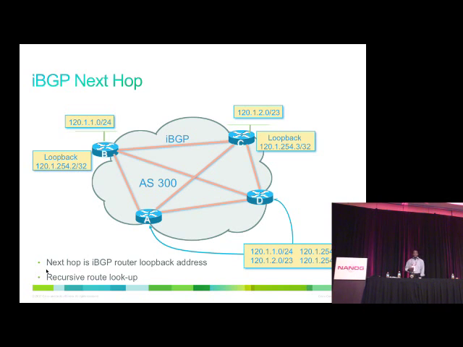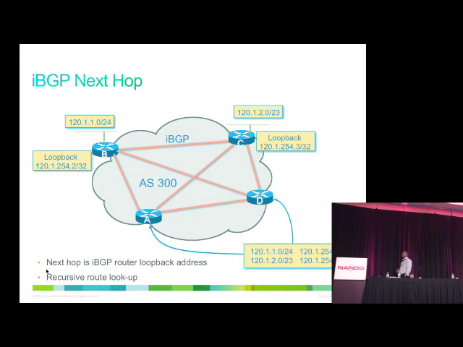In this particular case, this is for iBGP learned routes. So take for example router B. When router B injects routes for 121.104.24 and 121.254.2/32, sorry, that's in IGP. When it injects 120.110/24, it will inject it with the next hop set to itself.